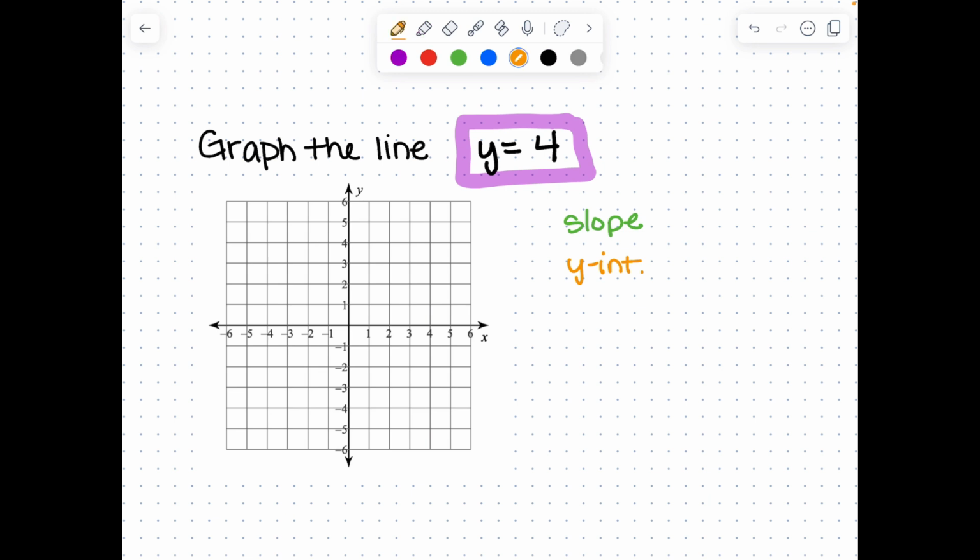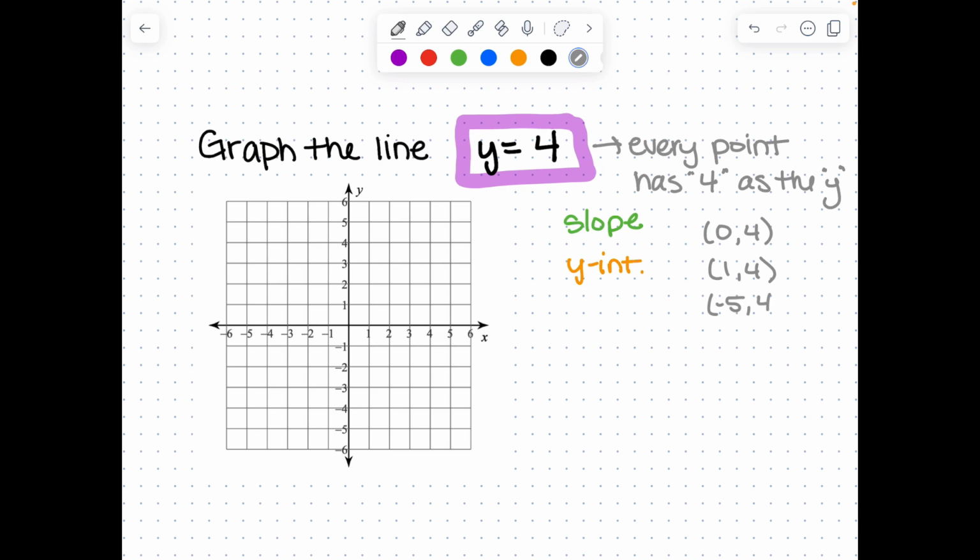That means that every single point on this line, all of those infinite points that make this line, they have 4 as their y. So if you listed a whole bunch of points, like 0, you'd have to have 4, and then 1, 4, and then -5, any x value, but it's always going to have that 4. 4, 4, 4.